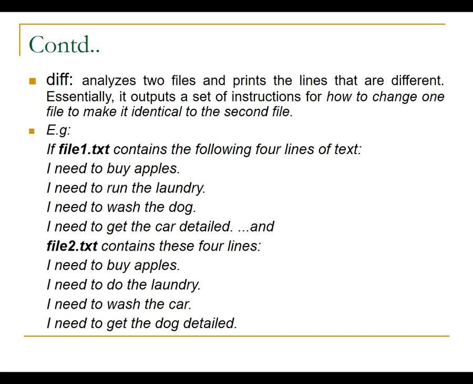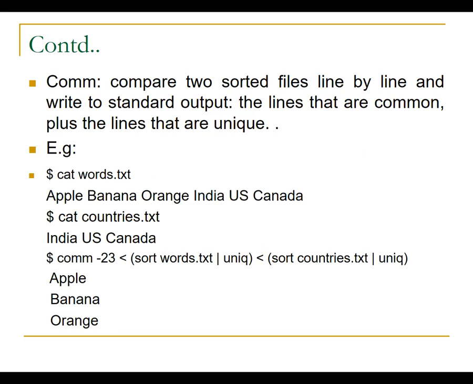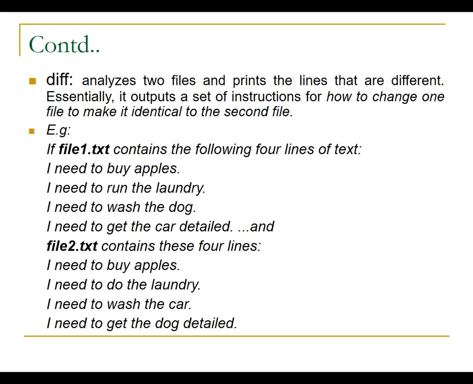Next is diff. This is similar to the first one, which is called CMP. The single internal difference between diff and CMP is that diff analyzes two files and prints the lines that are different. Essentially, it outputs a set of instructions for how to change one file to make it identical to the second file.